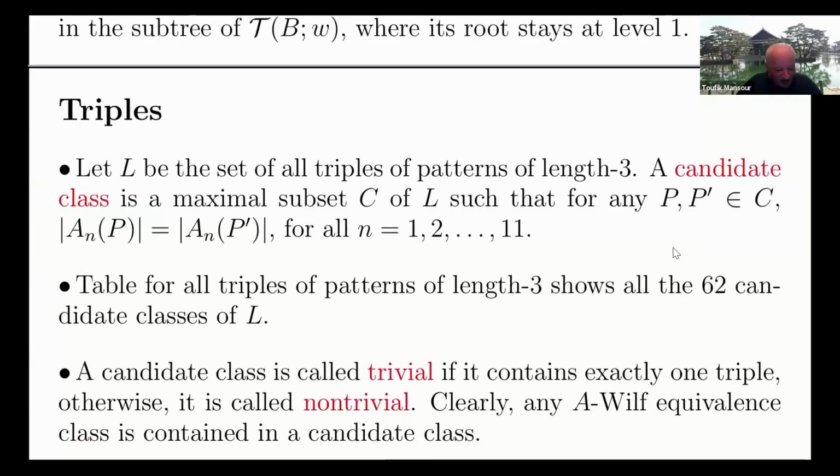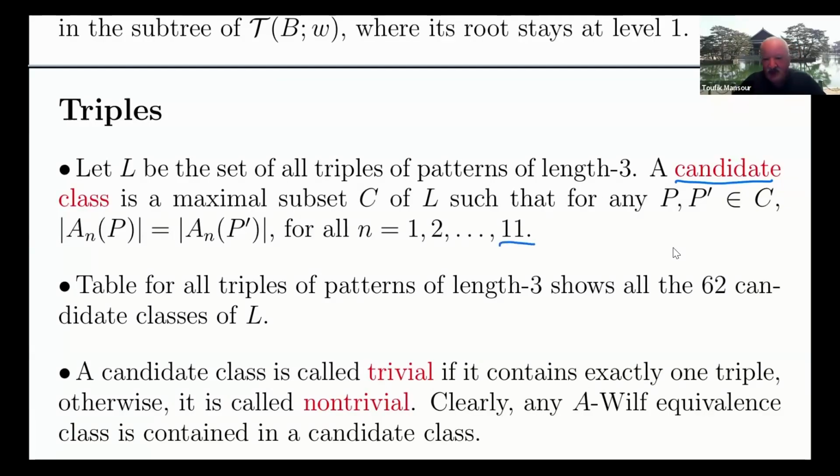And here are the troubles. Let us say about three patterns of length 3. A candidate class is a maximal subset C of L, where L is the set of all patterns of length 3, such that the number of ascent sequences avoiding B and ascent sequences avoiding B prime are the same up to 11.